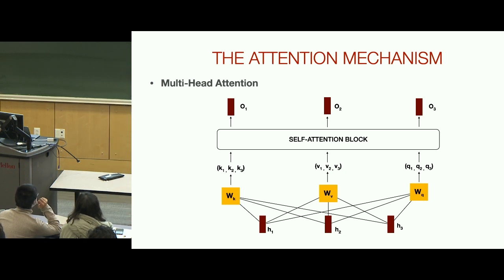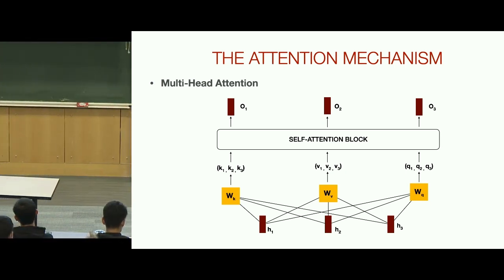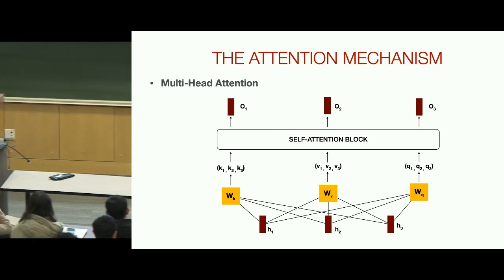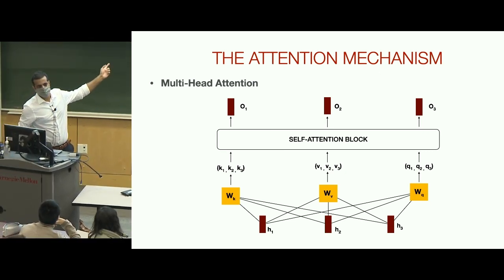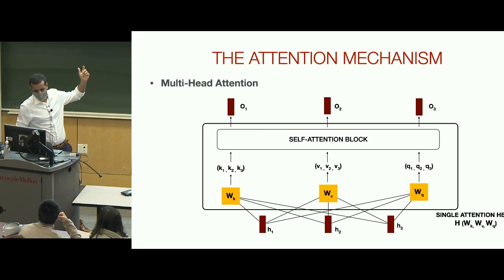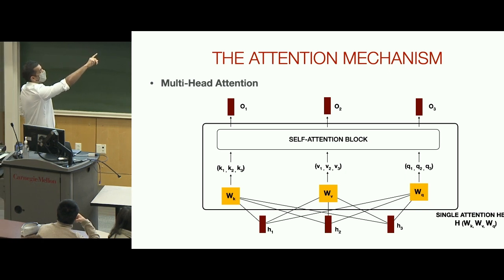So it kind of looks something like this. All the inputs go into all of these 3 matrices that transform the input into queries, keys, and values. So now we have a sequence of queries, keys, and values, and that is used as an input to the self-attention block, which then uses it to generate the outputs. And this entire thing, with a few learnable parameters, is called an attention head.